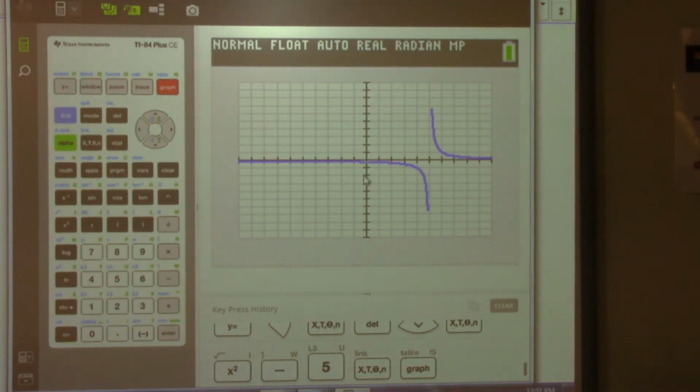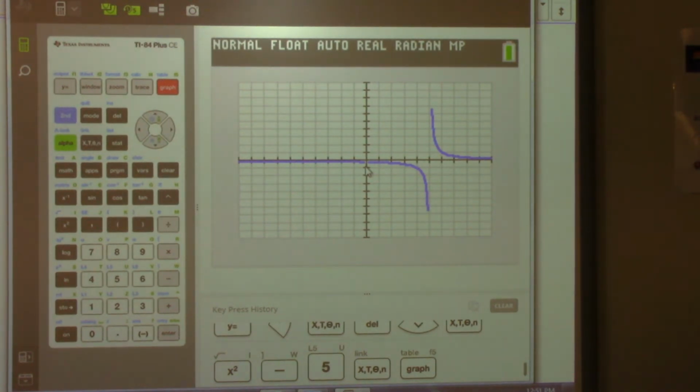Now, Adam also mentioned that we have a discontinuity at x equals 0. When you look at this graph, can you see a discontinuity at x equals 0 here? Yes, but barely. But it looks like you might be able to make out something here. You have to look at the table to see if it says error.